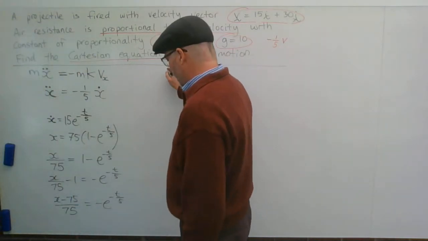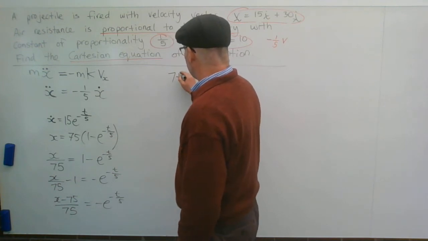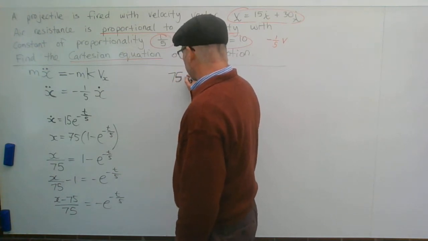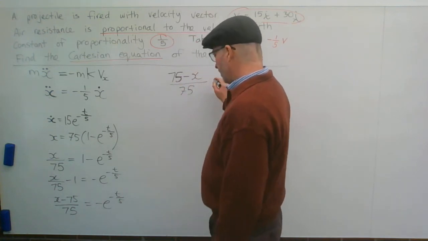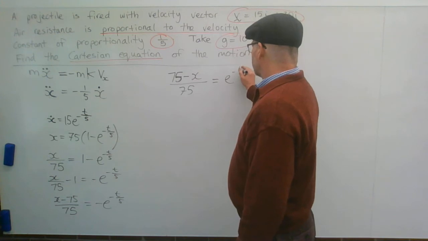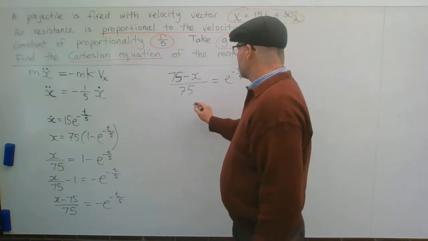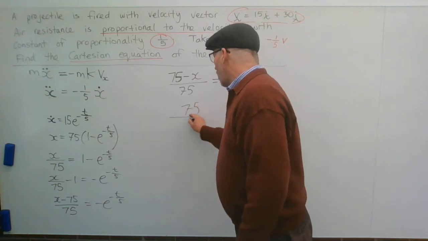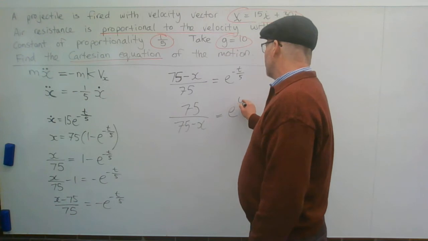And if I change, so it's not negative, both sides divided by negative 1, I get 75 minus x on 75 equals e to the minus t on 5. And if I flip both sides, 75 on 75 minus x is equal to e to the t on 5.